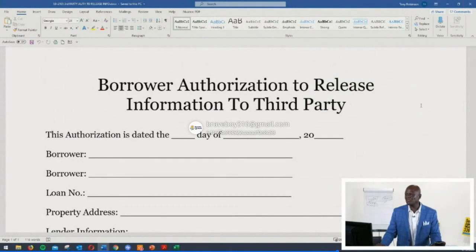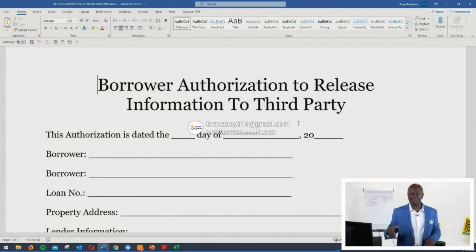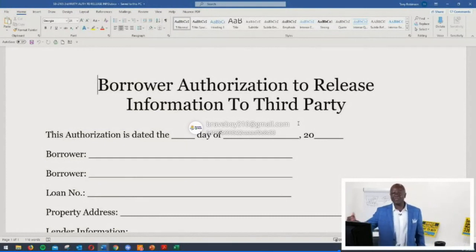And guys, usually when you get this form, I recommend that you get 4 or 5 of these in advance. All right, so listen to what I'm saying. Get 4 or 5 of these in advance. Have them sign 4 or 5. You may have them sign 2 or 3 blank copies. Why are you telling me to do that, Tony? I'm telling you to do that because oftentimes a lender will sell their mortgage, and now that Wells Fargo loan belongs to somebody else.